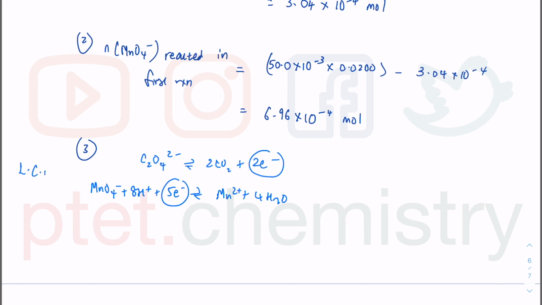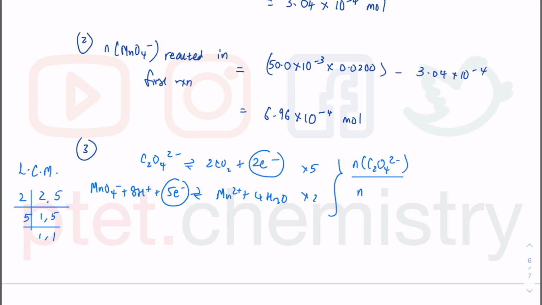I'm going to do the lowest common multiple, which is primary school mathematics. The LCM of 2 and 5 is 10. So you multiply the top equation by 5 and the bottom one by 2, and then you will get the mole of C2O4 2 minus to the mole of MnO4 minus.